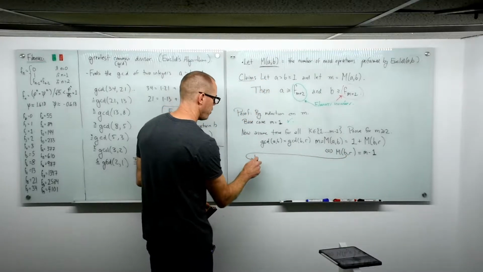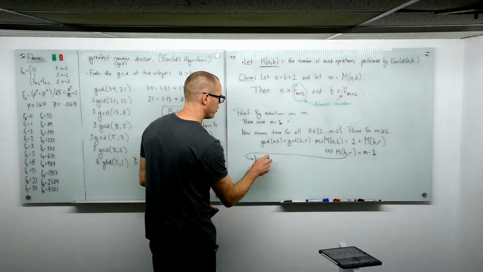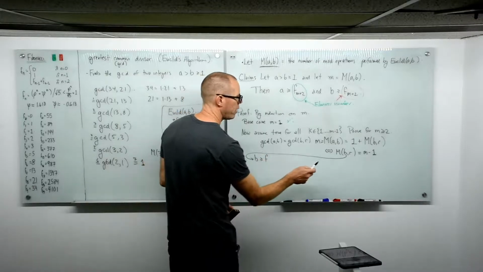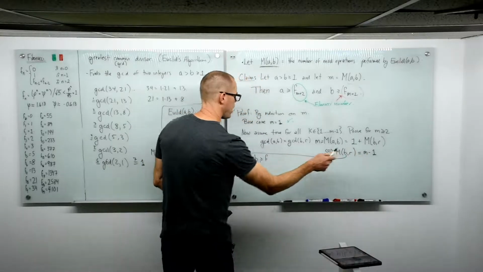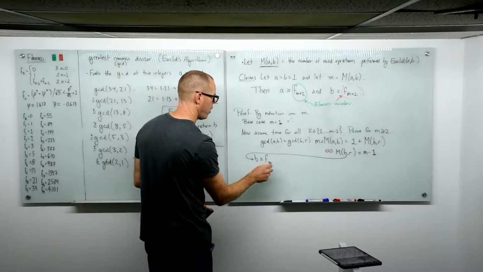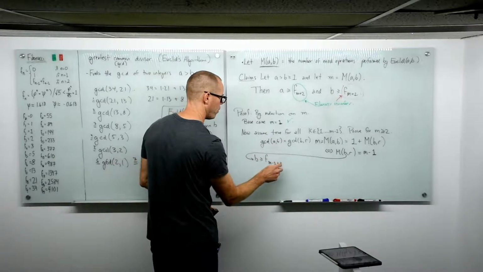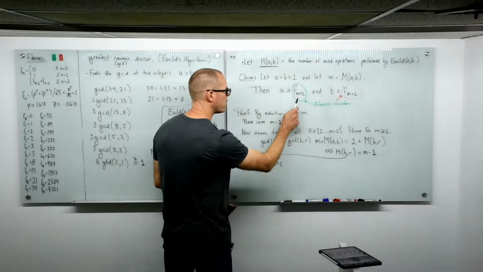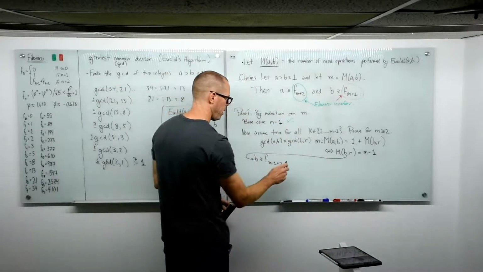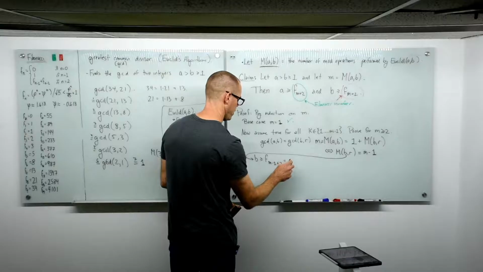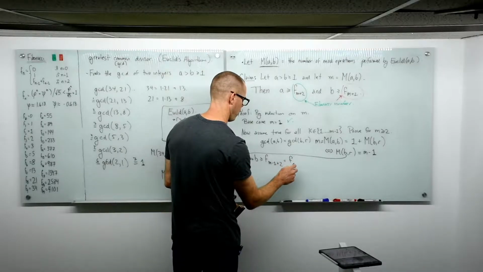So it tells us that B is bigger than or equal to F. Now, it takes m minus 1 steps, so we get m minus 1 plus 2. The first argument gets a plus 2. So this is f of m plus 1.